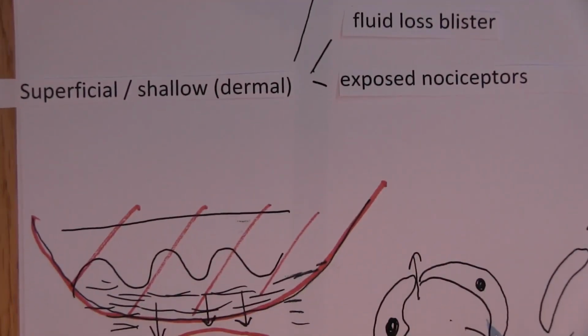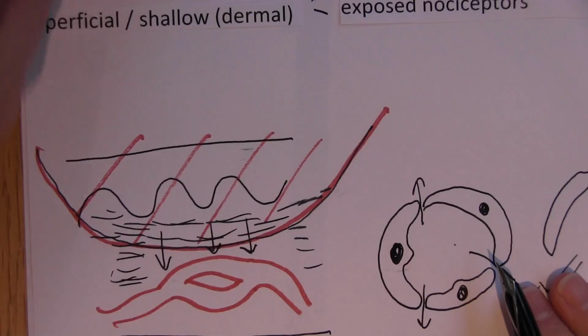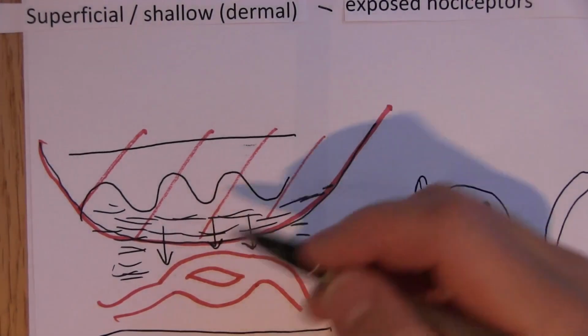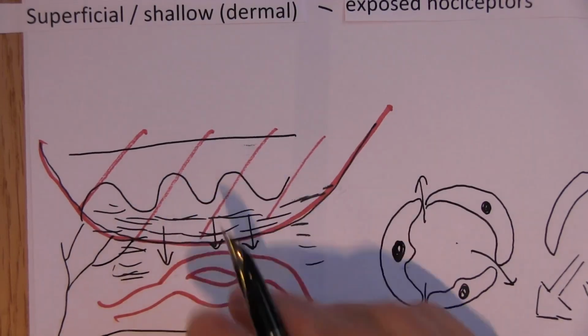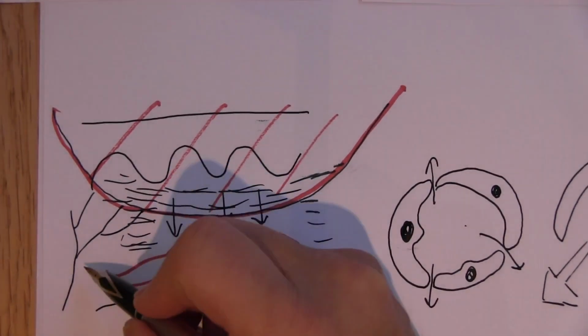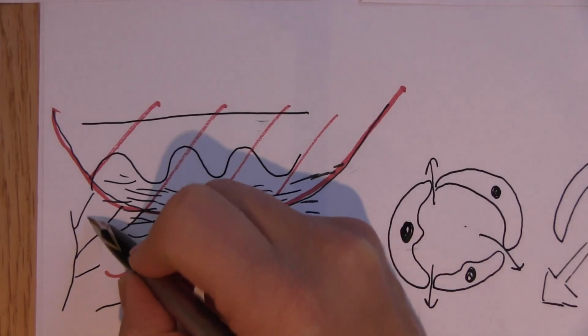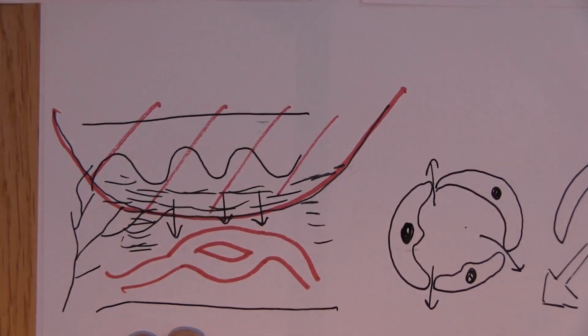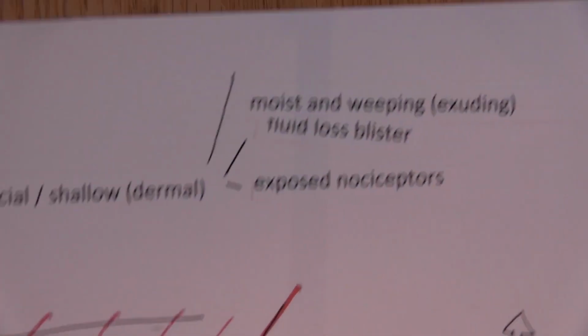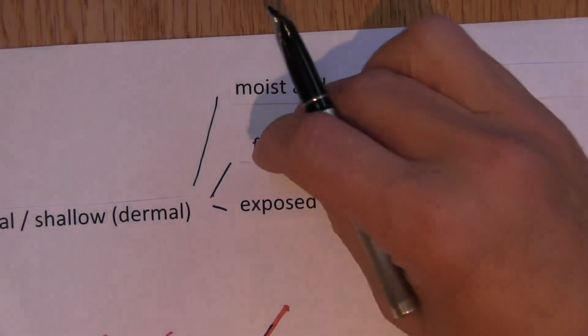The dermis is where we get most of the nociceptors. There's no nociceptors in the epidermis above, but there's lots of nociceptors here. And can you see now that these nociceptors, these pain sensitive fibres, are now exposed to the necrosed, burned area. So that's going to stimulate the nociceptors a lot.